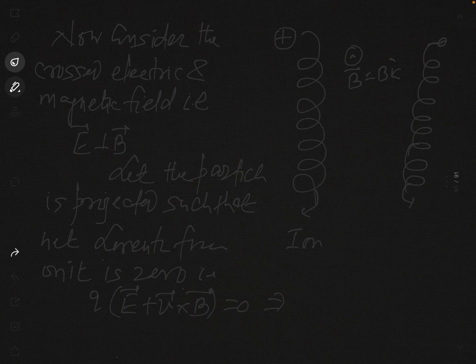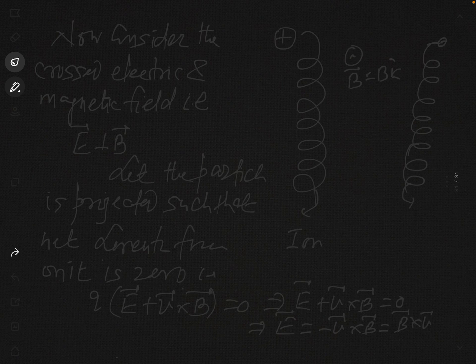From this expression you can see this will be simply E plus V cross B equal to 0, or we can write this as E is equal to minus V cross B, or you can write it as B cross V, because you know the cross product is not commutative, so minus V cross B can be written as B cross V.